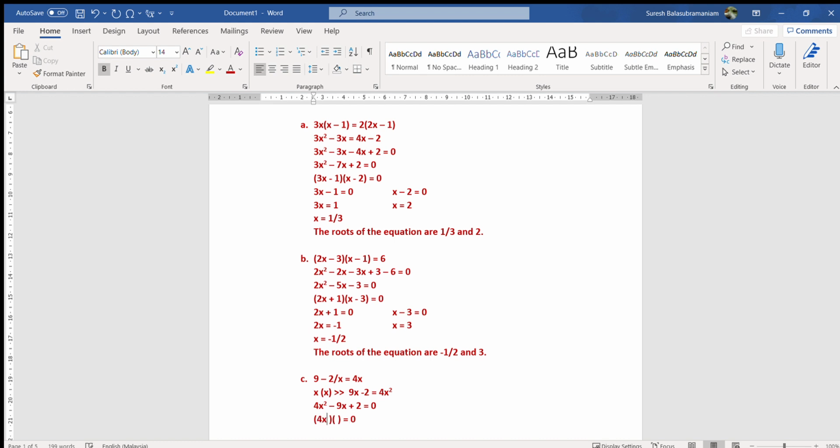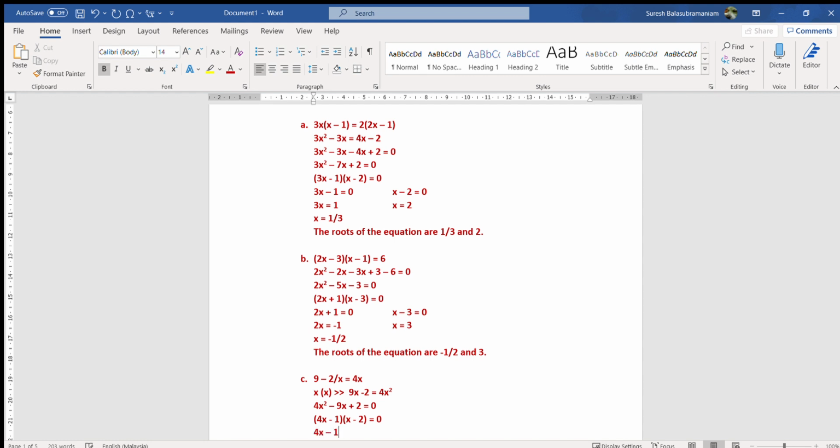I'll put 4x and x, and the numbers 2 and 1: I'll put 2 over here, 1 over here, so it'll become (4x - 1)(x - 2). Let me check if my factorization is correct. Yes, it is correct.